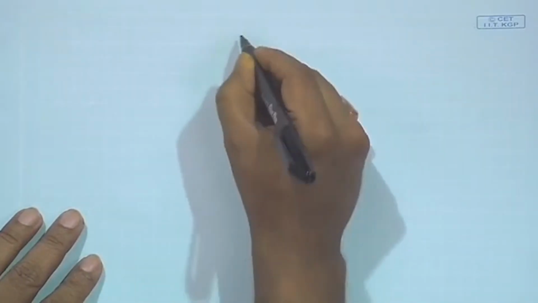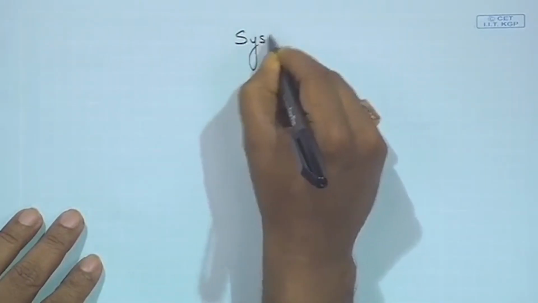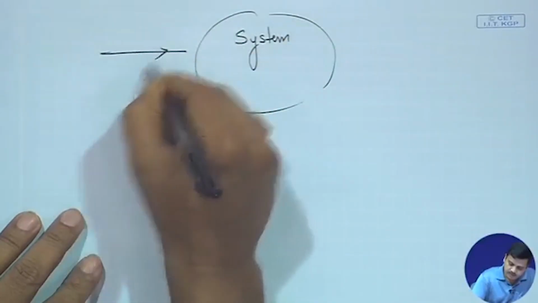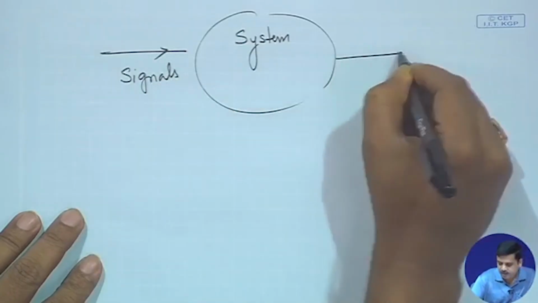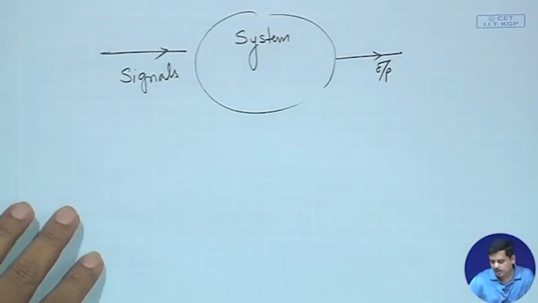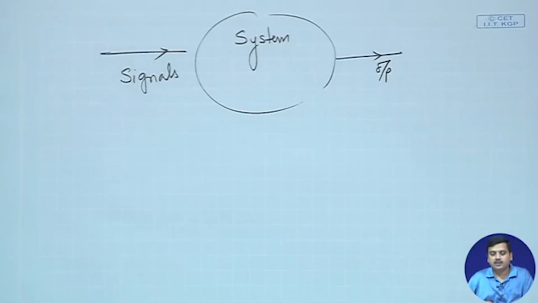So, when you have such a system which is going to be impinged by signals and you are going to get an output, then the question arises: how do you study such systems so that you can get an easy or a meaningful representation?